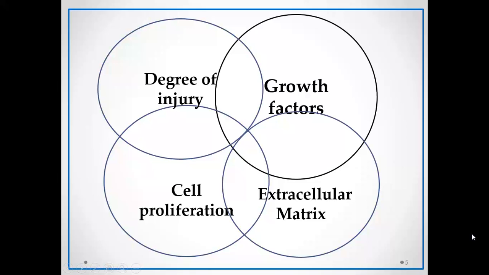Cell proliferation: when the cells are able to proliferate, this is well and good. This will lead to restoration of function and architecture. If not, then again we will call for fibroblasts and fibrous tissue formation, ending in the scarring process. The last thing is the extracellular matrix.